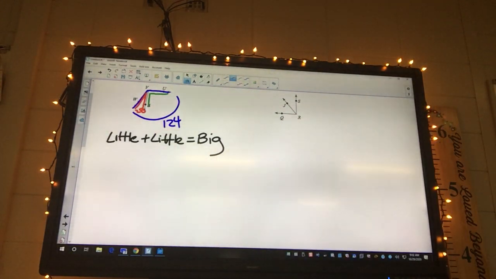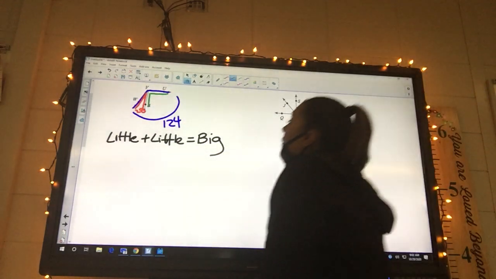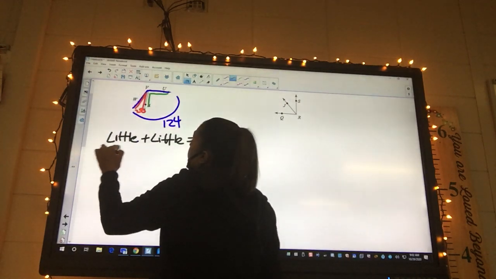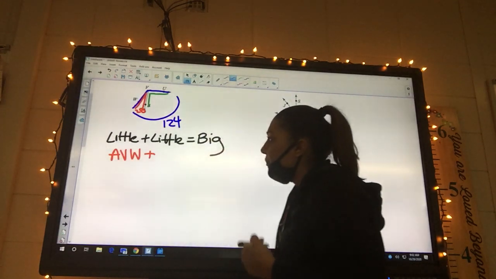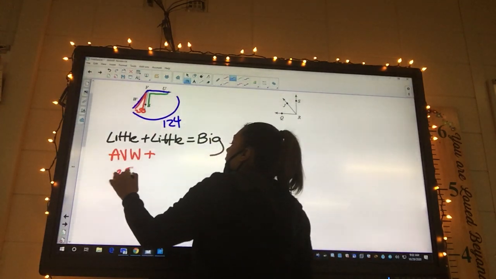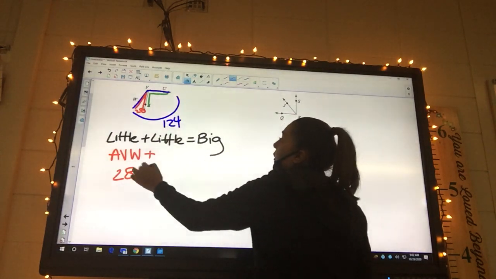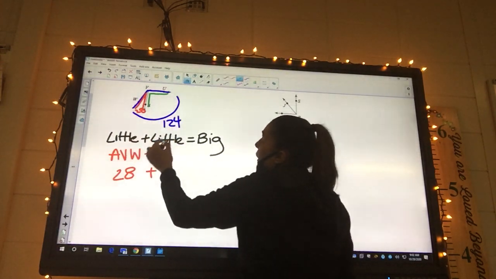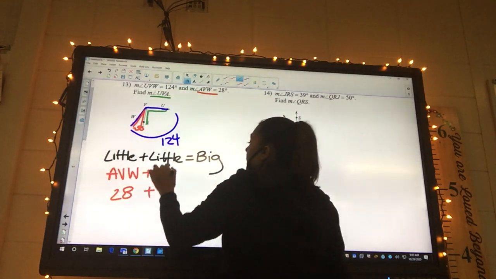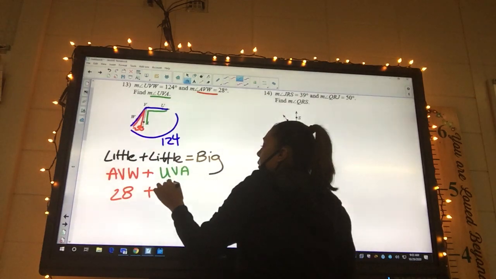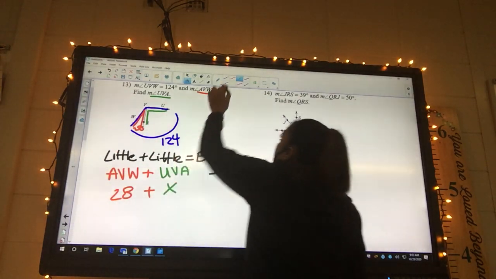AVW, which is how many degrees? 28. What about our other little angle? It's called UVA, and that one we don't know, so I'm going to put it as an X because we don't know it right now.